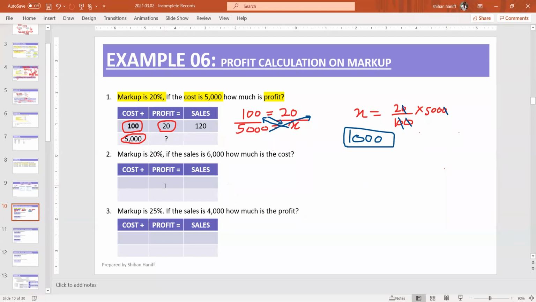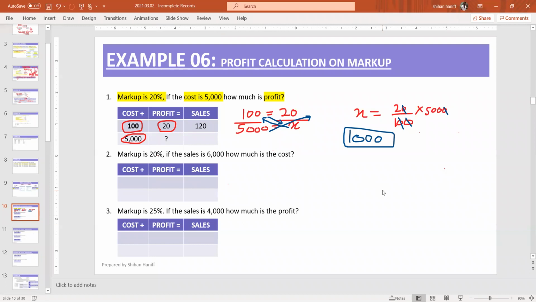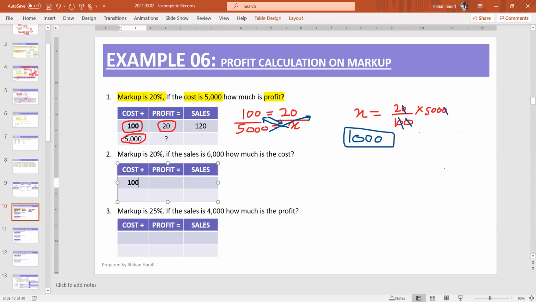Can you do the second one? Markup is 20%. If the sales value is 6,000, how much is the cost? 20% means if the cost is 100, profit is 20, selling price is 120. Now the selling price is given.